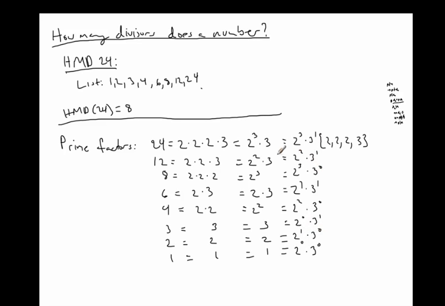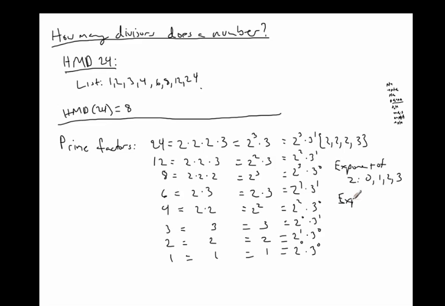So instead of counting all the divisors, maybe we could just think about the exponents. There are 3 2's, so the exponent of 2 can be 0, 1, 2, or 3. We see here's a 0, here's a 1, here's a 2, here's a 3. And the exponent of 3 can be 0 or 1.